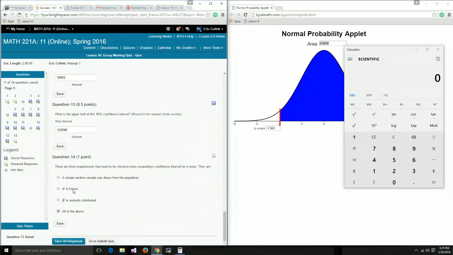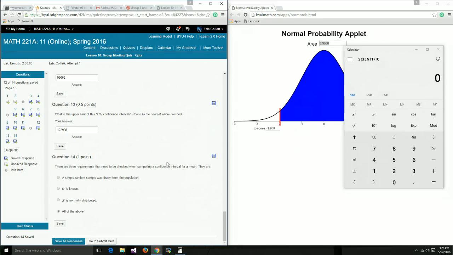Yeah, I'm pretty sure you do need all of them because you have to know what the standard deviation is, and then this has to be normally distributed or it's going to be completely off. And then the simple random sample is X bar, so you need that. So I'm pretty sure you just need all of them. Yeah, I think so too. Okay, should we turn it in?